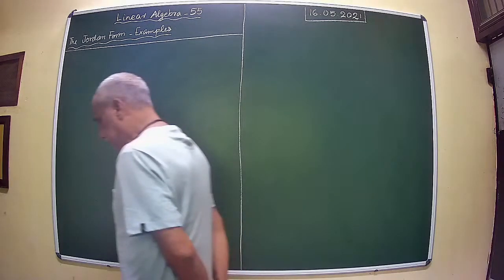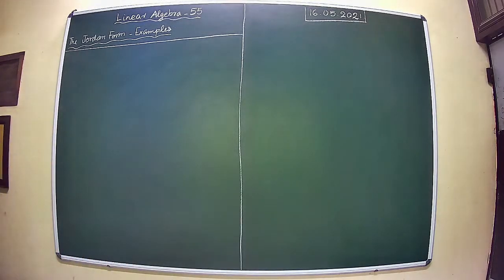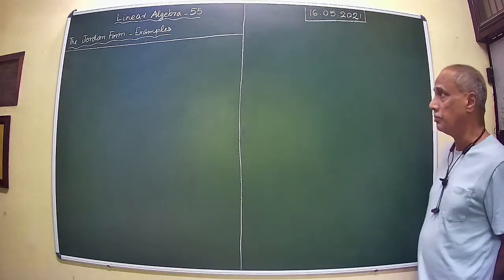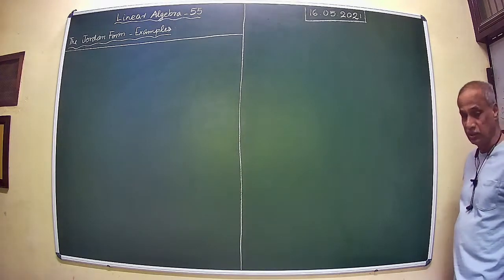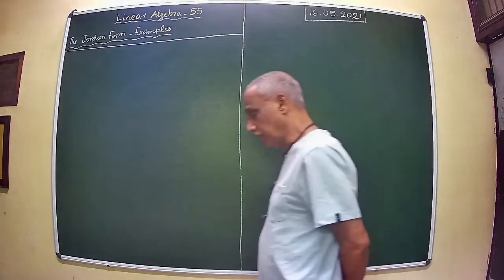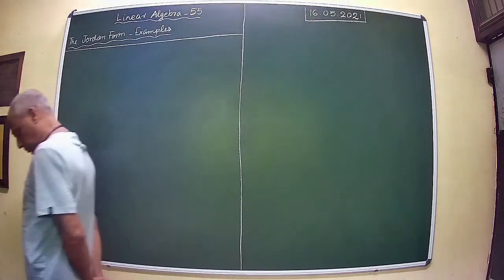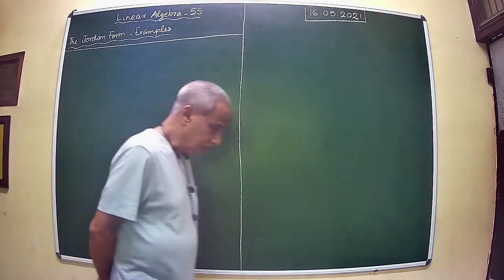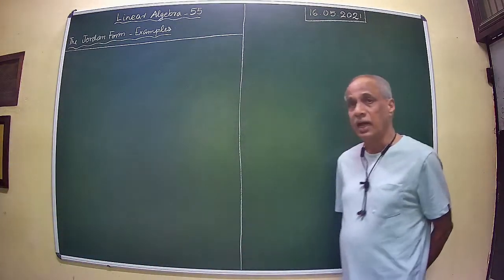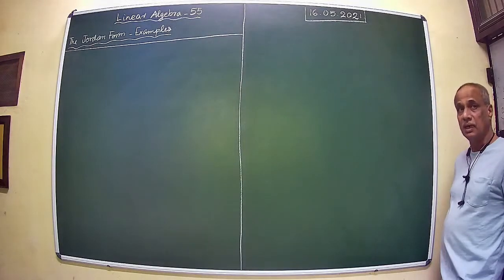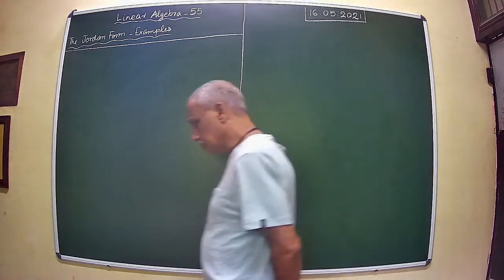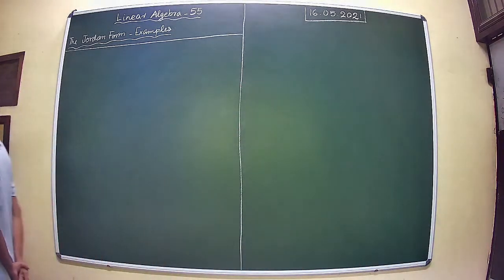It ends with a consideration of certain examples on Jordan form, which will throw a lot of insight into what Jordan form is all about and how to actually compute the Jordan form and how they are intimately related to the characteristic polynomial and the minimal polynomial.